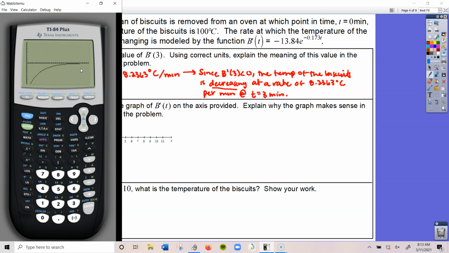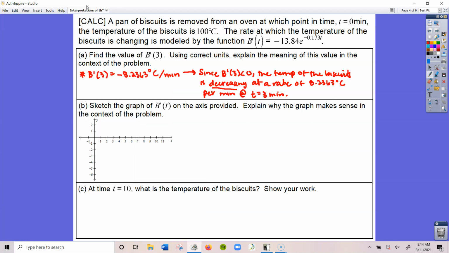You see how it's never above the x-axis. And the reason why I'm pointing that out is because that's going to make sense, and I'll explain why. So our graph looks somewhat like this. Now, why does this make sense?